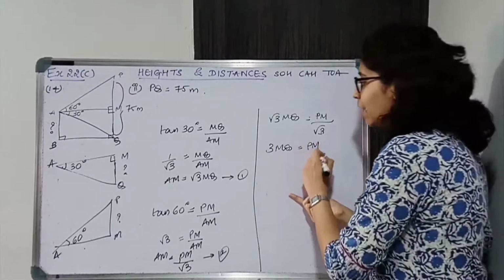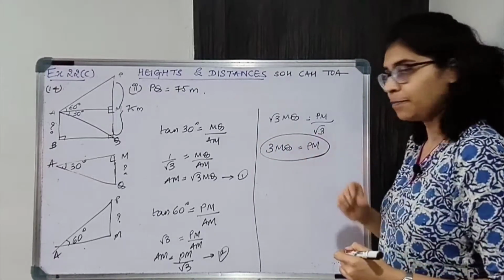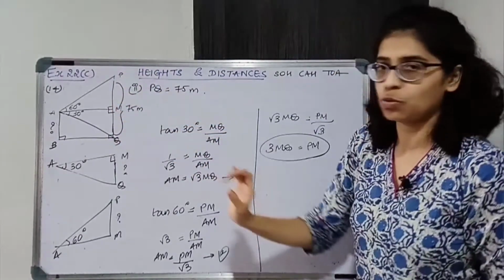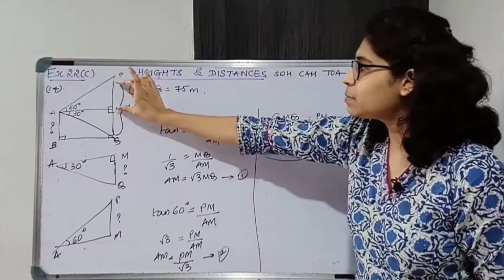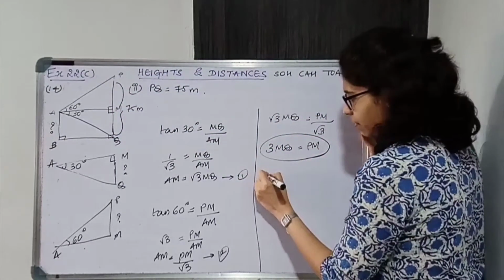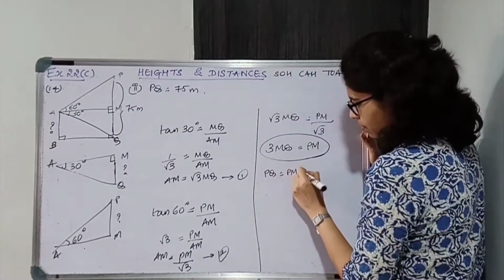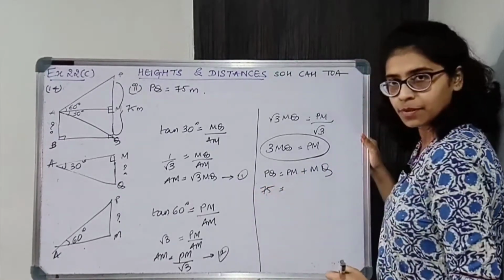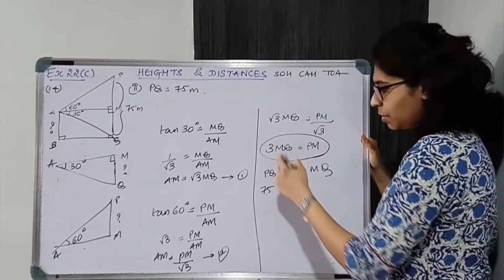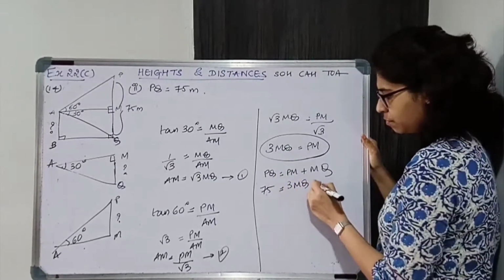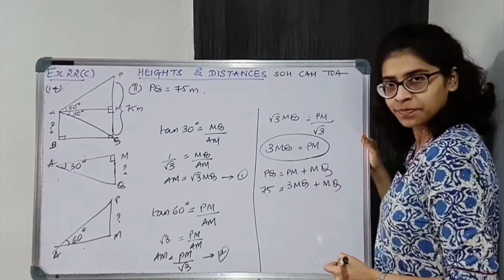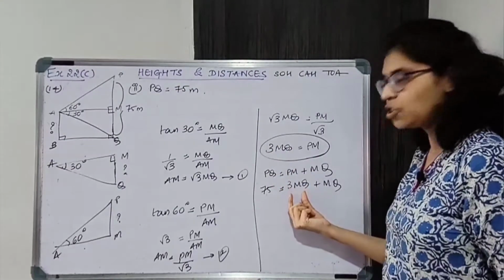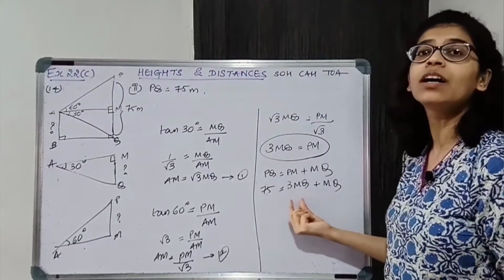Okay, why I need this? I know that PQ is PM plus MQ. Now PQ मुझे पता है 75 है. PM is nothing but 3MQ plus MQ. So now you see I related PM with MQ, so I can substitute this over here and find MQ का length.